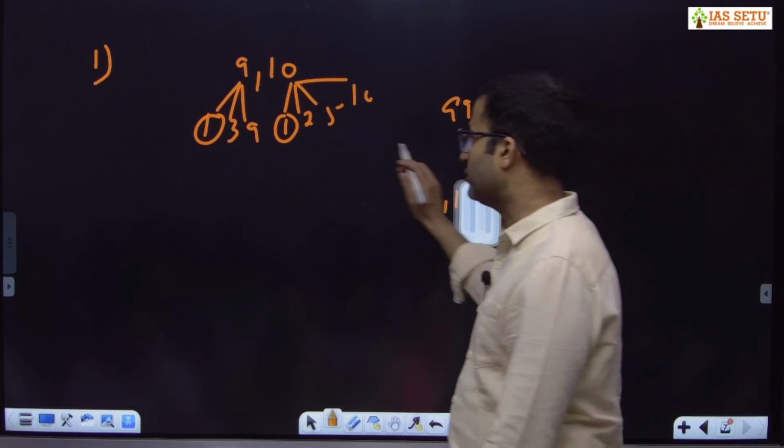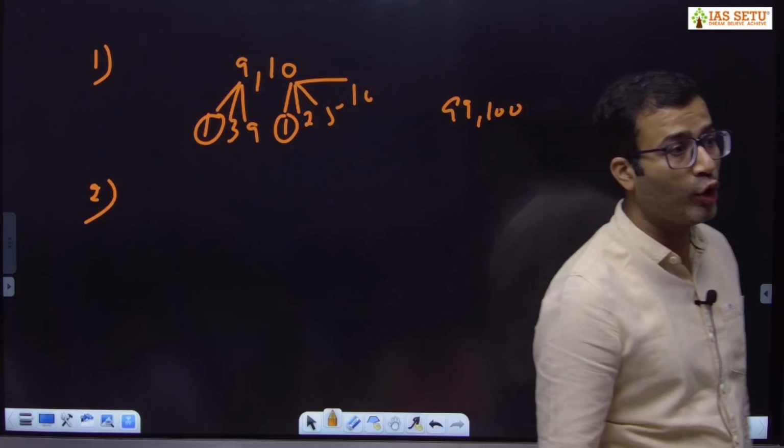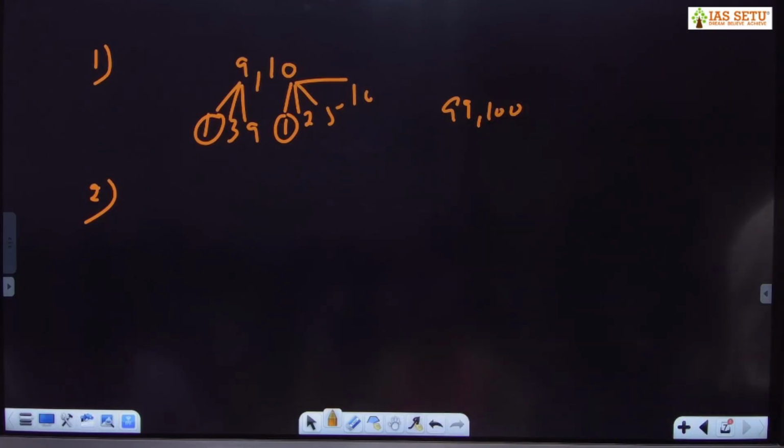Okay. Second observation. Two consecutive odd numbers are always co-prime to each other. Two consecutive odd numbers.